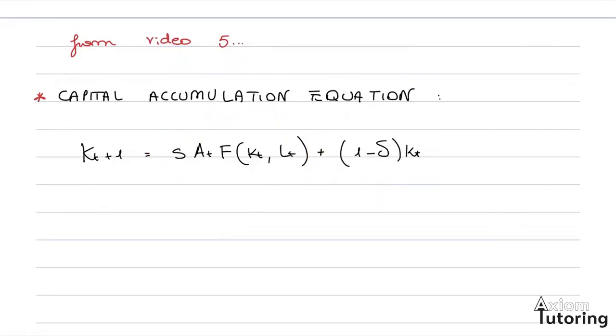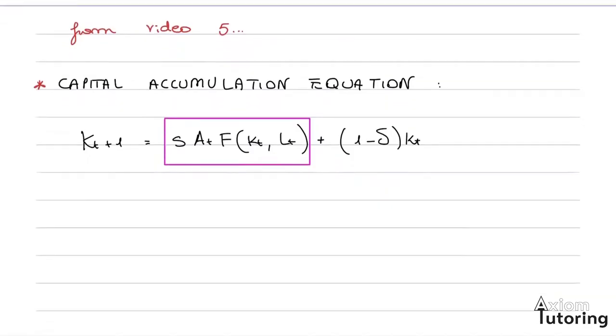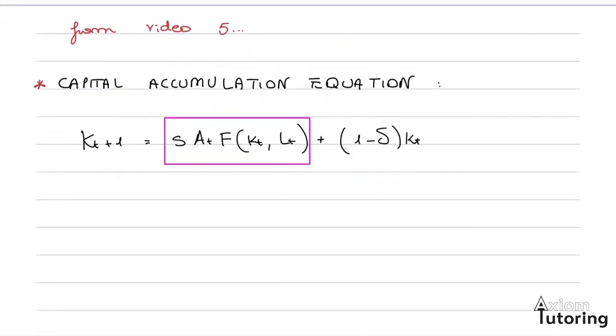The first building block, the one that I'm making a square around in pink, shows the new capital. The new capital that is being purchased, the new machines that are being acquired by a company in order to incentivize production.